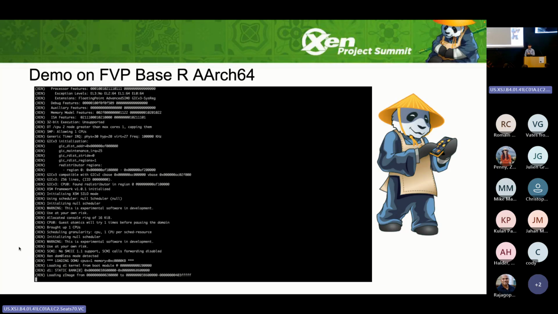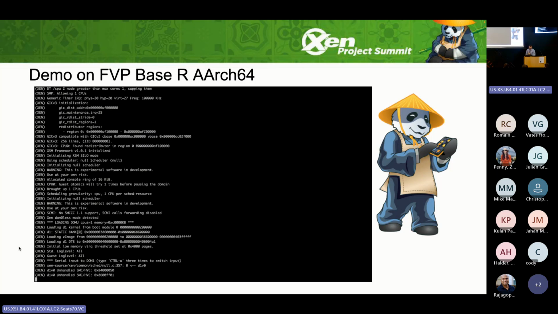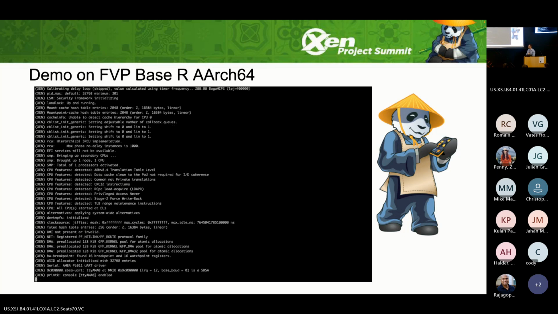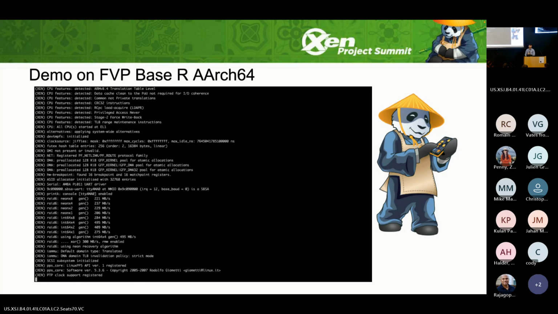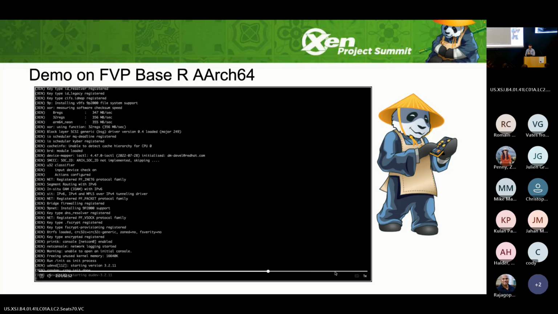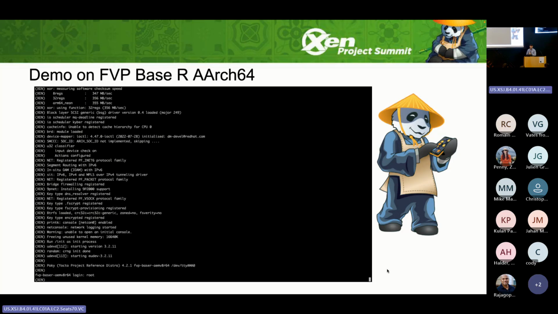So now the kernel is put in the static memory bank. And here we go, we are running Linux. I will skip part of the boot just to show. Okay, and we are in the user space.